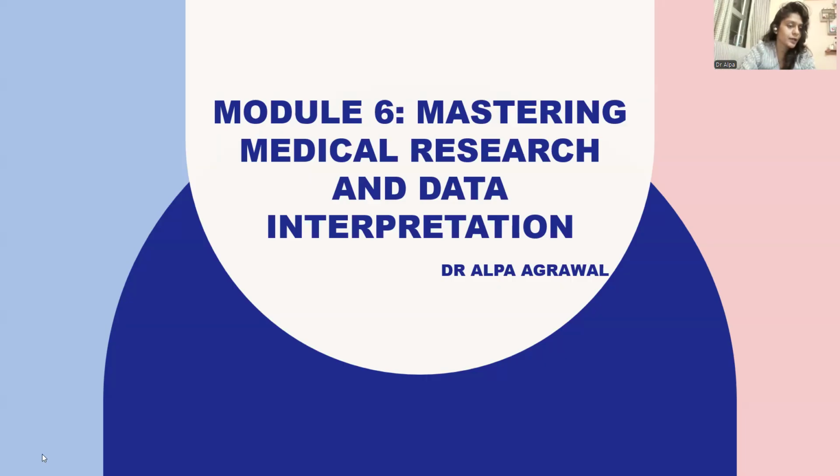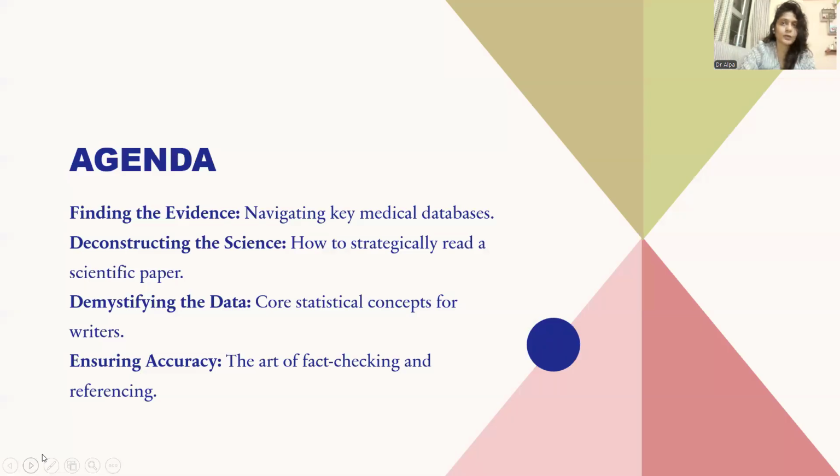So I have tried to structure this module under four sections. The first one, wherein we will talk about the scientific medical databases and collecting the evidence. Then we will talk about decoding, strategically reading the scientific paper in a way that we are able to decode the information present there.